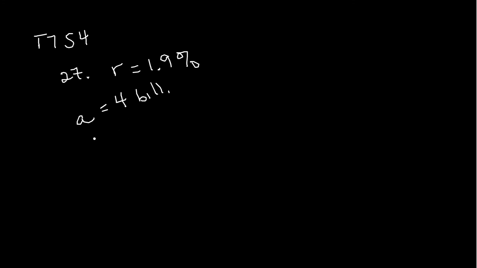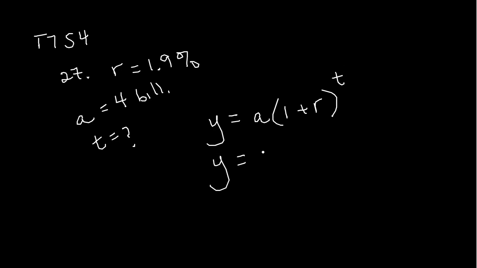So we want to find out what T is. And I just want to remind you of the formula. So you're going to have y equals, this is growth. You're going to say A times, that's the initial amount, 1 plus the rate. If it's decreasing, if it's not growth, you do 1 minus R. And so we get y equals 4 billion.